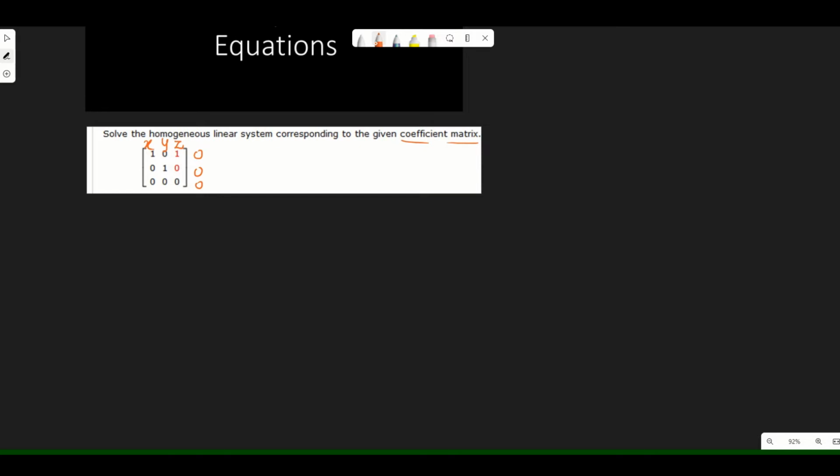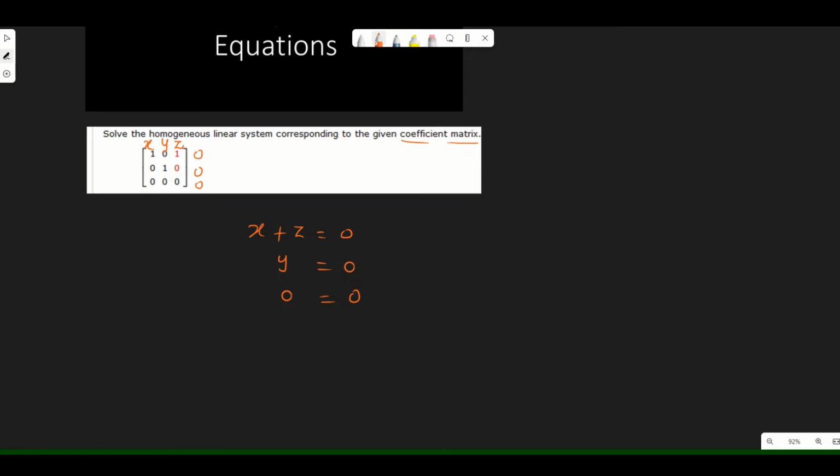So when I rewrite these equations, the first equation gives me 1x plus 0y plus 1z equal to 0, which is x plus z equal to 0. The second equation is 0x plus 1y plus 0z equal to 0, or y equal to 0. And the third equation is the true equation 0 equal to 0.